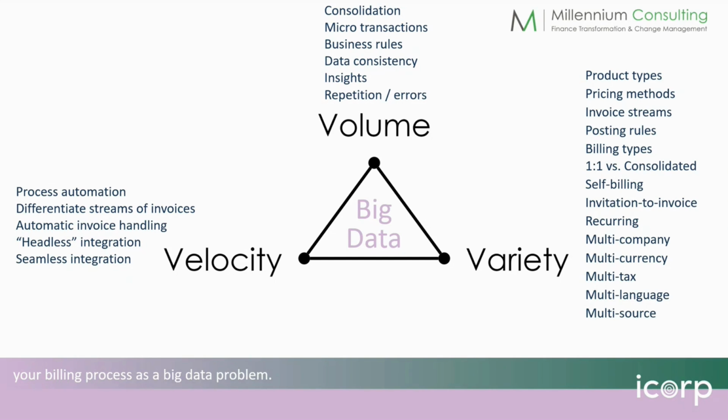But there's more variety to find here. If we compare it, for instance, to a financials installation, we have multi-company, multi-currency, multi-tax. Well, there's actually multi everywhere. So this is also a big area to cover during a project.